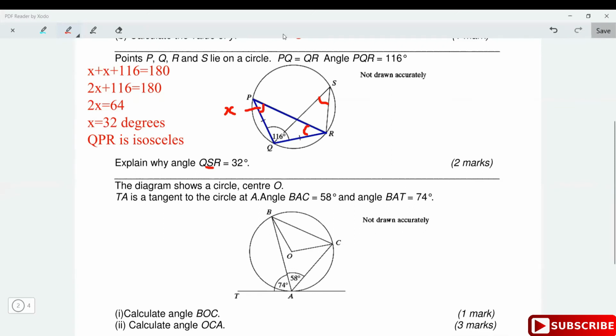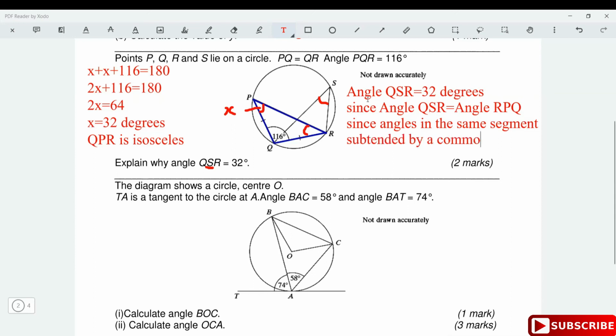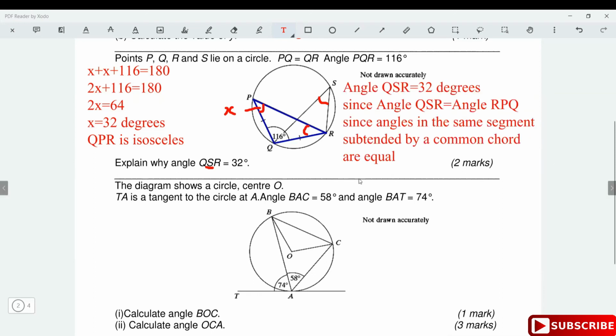We can write that down: angle QSR is equal to 32 degrees, since angle QSR is equal to angle RPQ, and that is since angles in the same segment subtended by a common chord are equal. That's it. Easy. That's the reason.